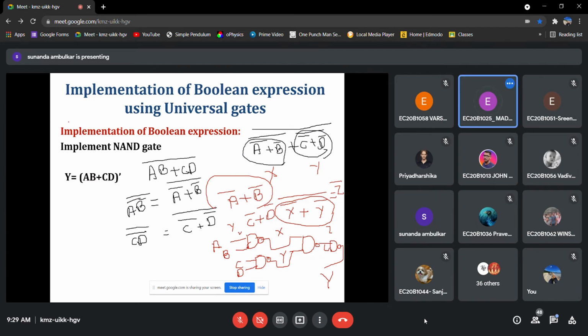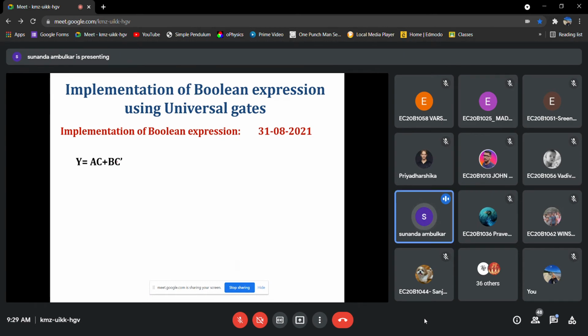Yes, ma'am. Okay, now try to implement AC plus BC dash in terms of the NAND gate, and tell me how many NAND gates are required for this implementation.